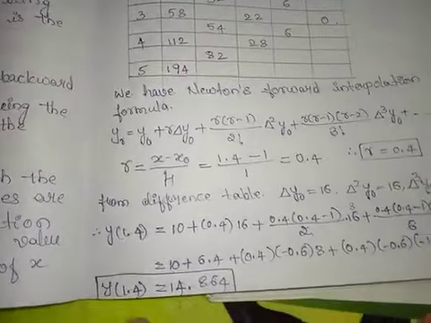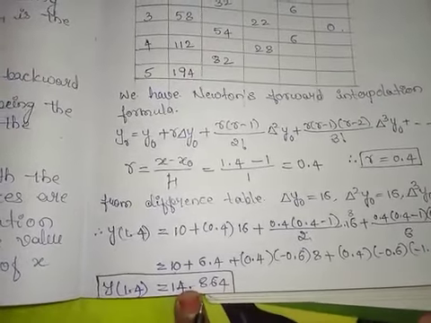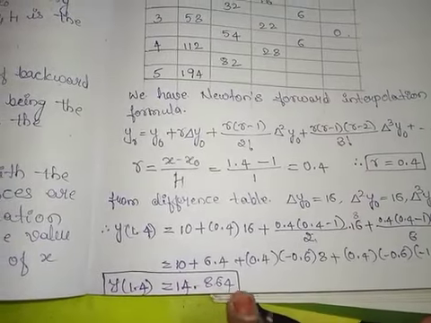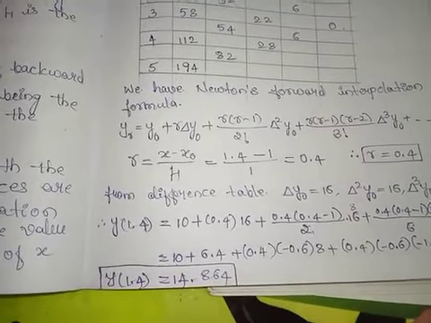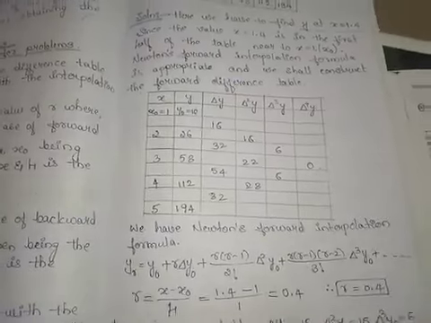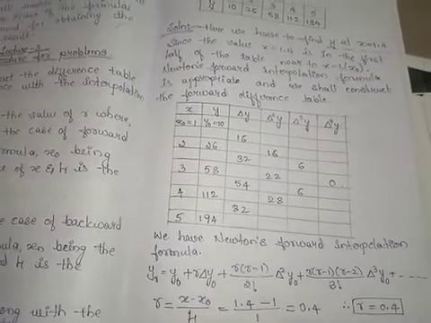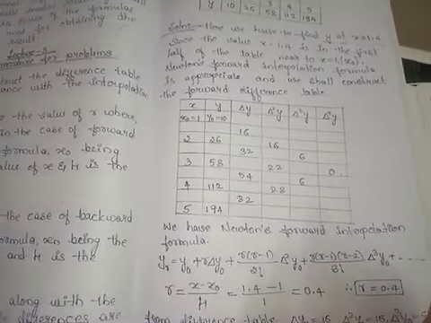The value of y at x equal to 1.4 is 14.864. This is how we have to find the desired value of y at a given x.